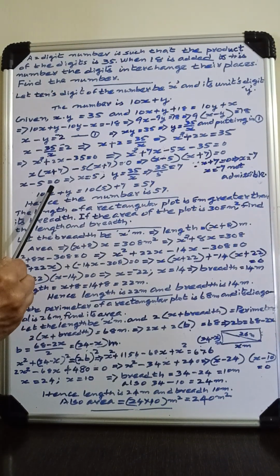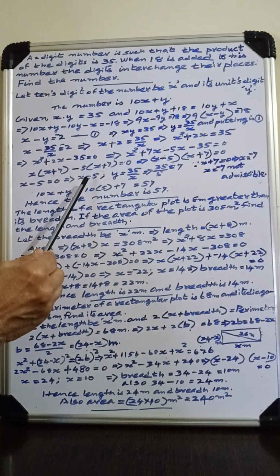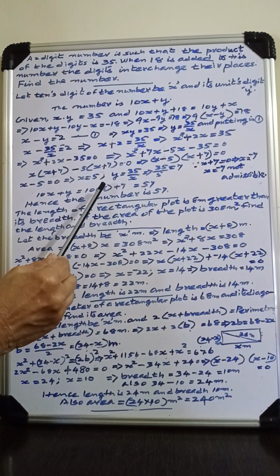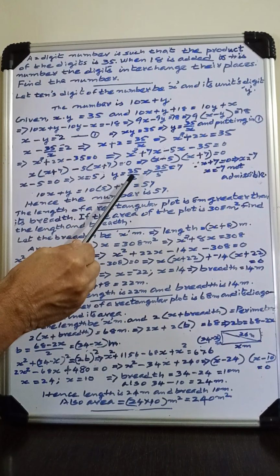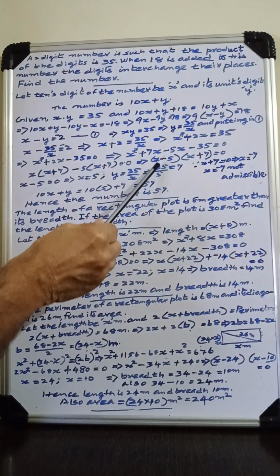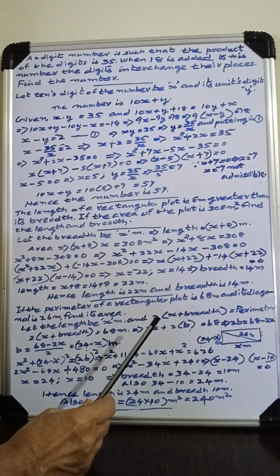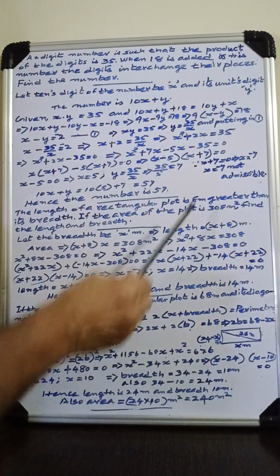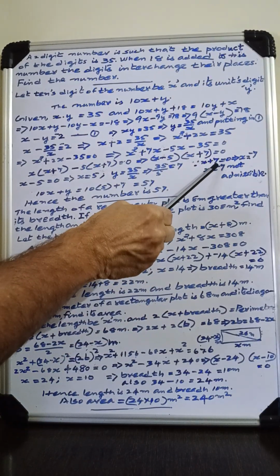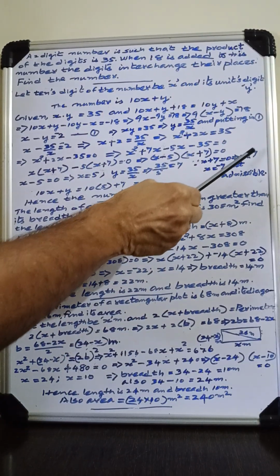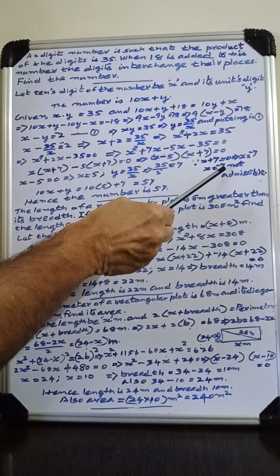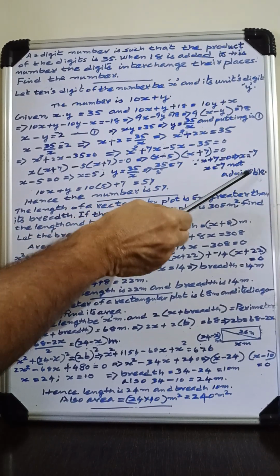Therefore, x minus 5 equals 0, x equals 5. y equals 35 by x implies 35 by 5 equals 7. Hence, x plus 7 equals 0 implies x equals minus 7. x equals minus 7 is not admissible here.